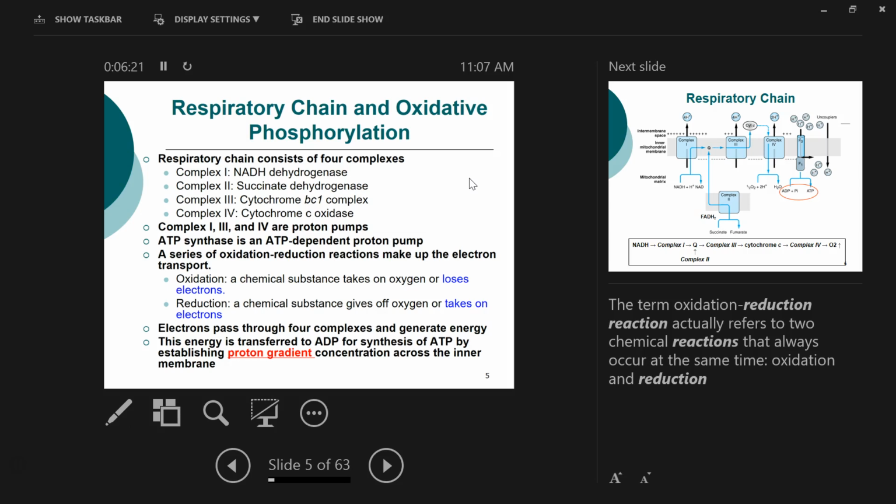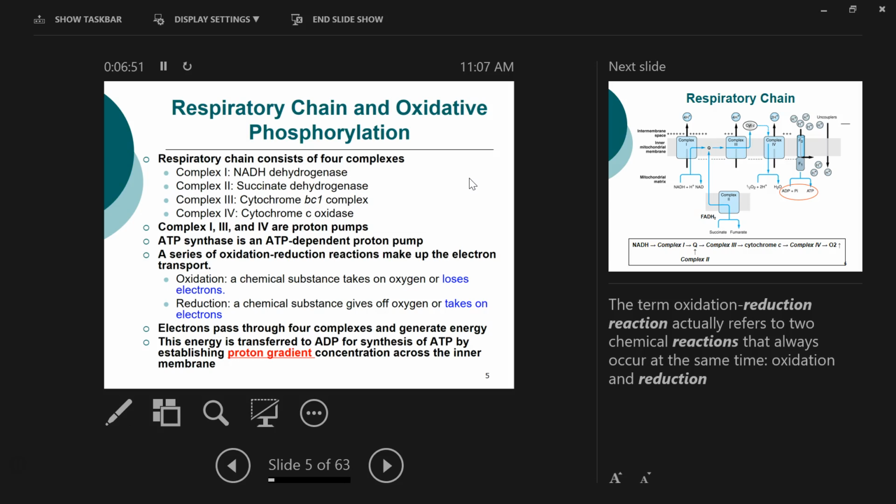So an oxidation reaction means that a chemical substance takes on oxygen or loses electrons. Here, the oxidation reaction in this electron transport chain specifically refers to the loss of electrons. This kind of reaction is called an oxidation reaction.